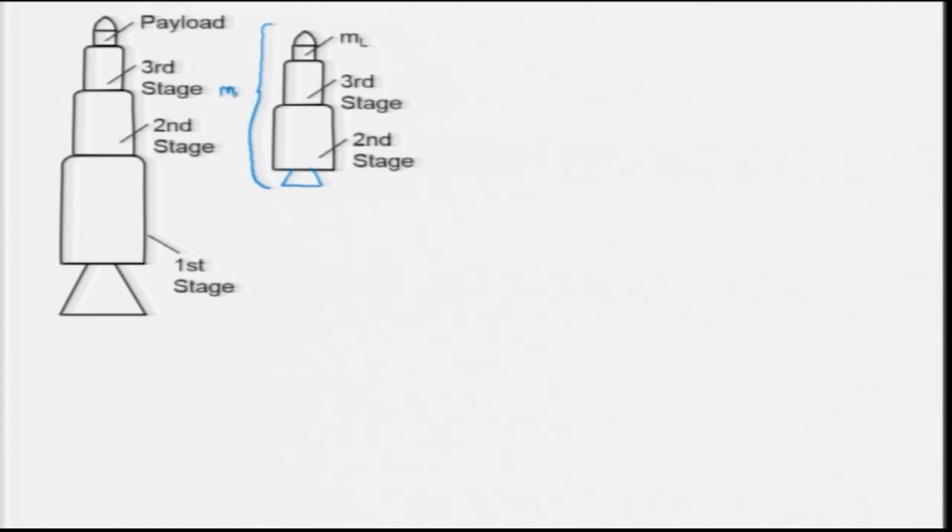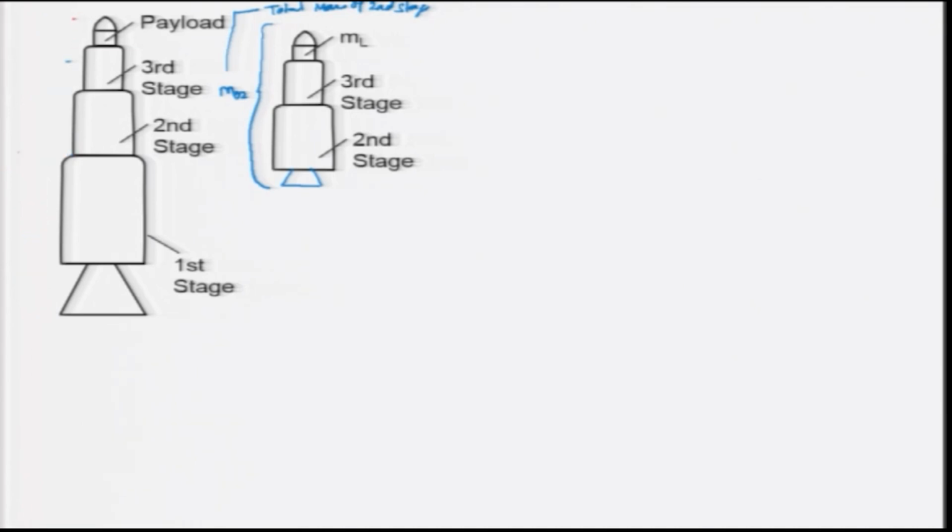mass, it is the total mass of the second stage. And the total mass for the first stage, if you look at, this is m01, and this total mass of the second stage will act like a payload for the first stage.